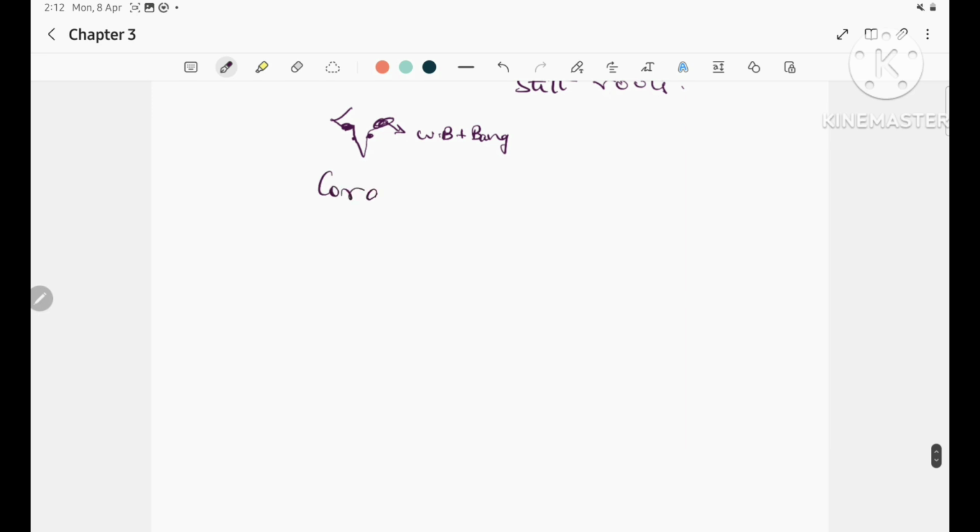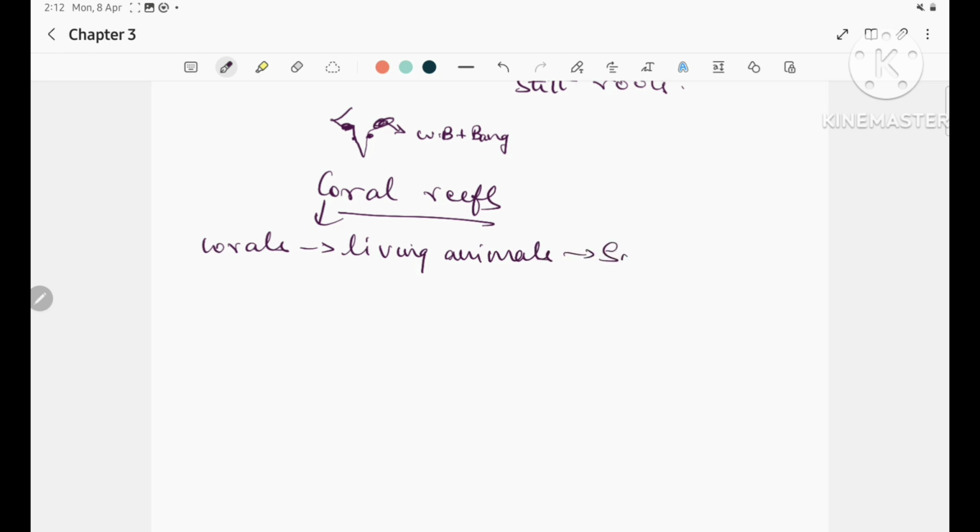Next topic is coral reefs. What are coral reefs? These are corals. What are corals? Corals are living organisms, living animals, which have a symbiotic relationship with zooxanthellae. Symbiotic, very important. These two have a mutual relationship.